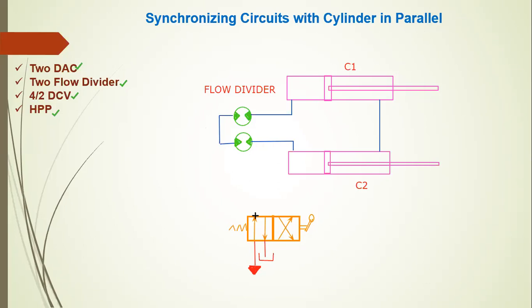The first connection from the direction control valve is attached to the flow divider, and the second connection from the direction control valve is attached directly to the return oil from the hydraulic cylinder.